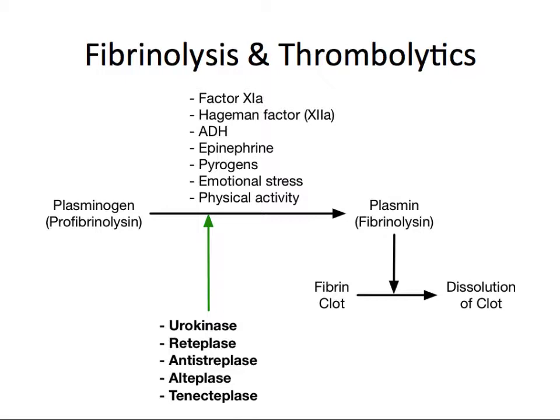Fibrinolysis is a second cascade involved in clot dissolution. Plasminogen is converted to plasmin under the influence of activated factor 11 or 12, antidiuretic hormone, epinephrine, pyrogens, emotional stress, and physical activity. This stimulates the dissolution of clots. Thrombolytics act by stimulating the conversion of plasminogen to plasmin.